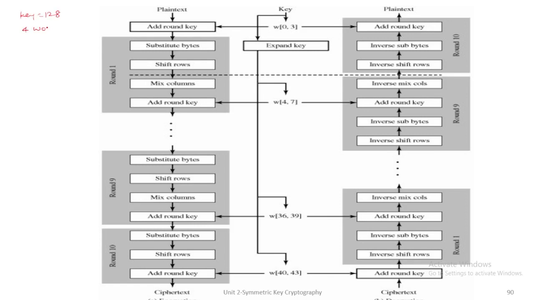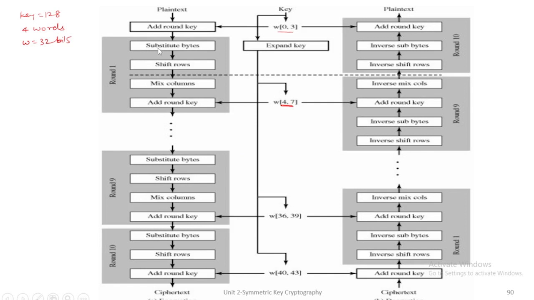Each word contains 32 bits. So if you combine four 32-bit values continuously, then we are able to get one round key. That will be used in the pre-round transformation, and then in each round also keys will be generated. So this is the expansion operation.